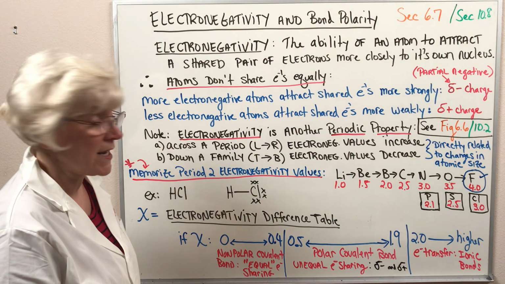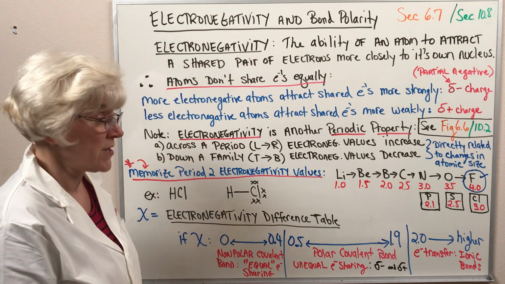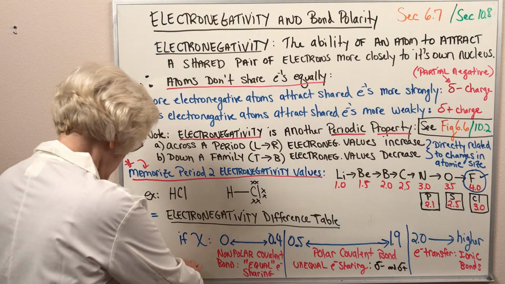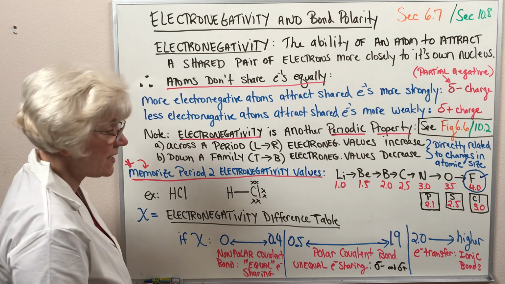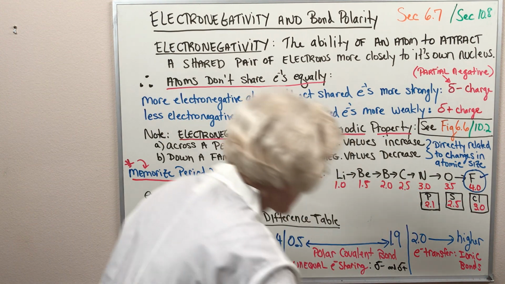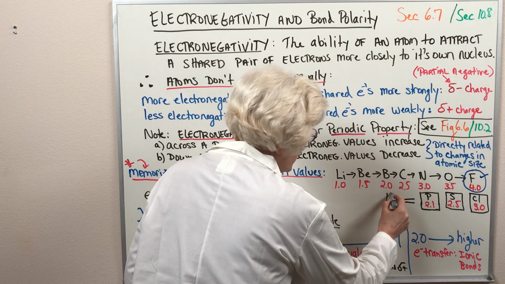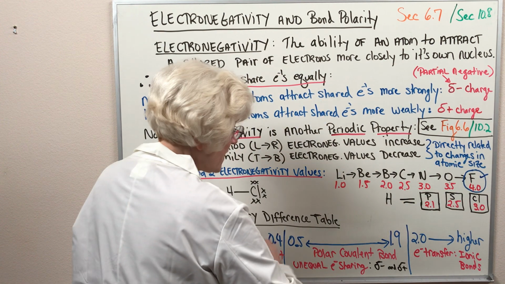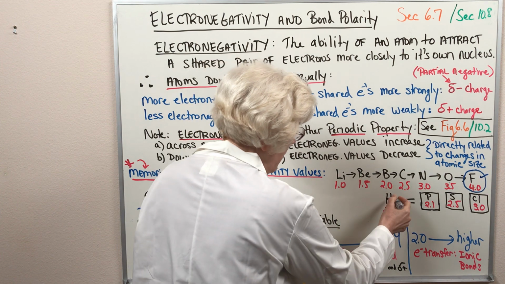Phosphorus has an electronegativity of 2.1, while nitrogen has an electronegativity of 3. But I like to anchor the electronegativity of phosphorus to that of hydrogen. Phosphorus and hydrogen have the same electronegativity value. Both of them are 2.1.